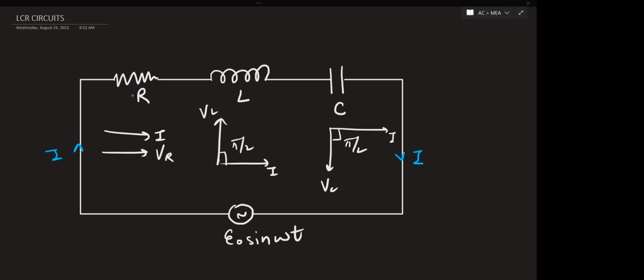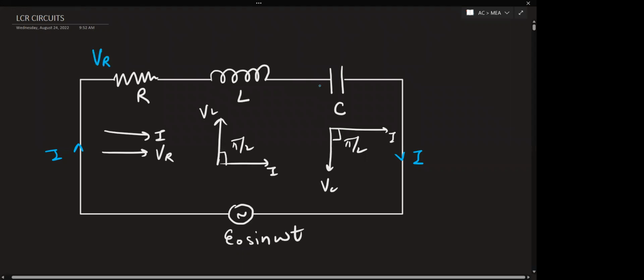Resistance, current, voltage, what's the relation between them? V is equal to IR. Exactly, V is equal to IR using Ohm's law. So voltage across the resistor will be given by I into R.